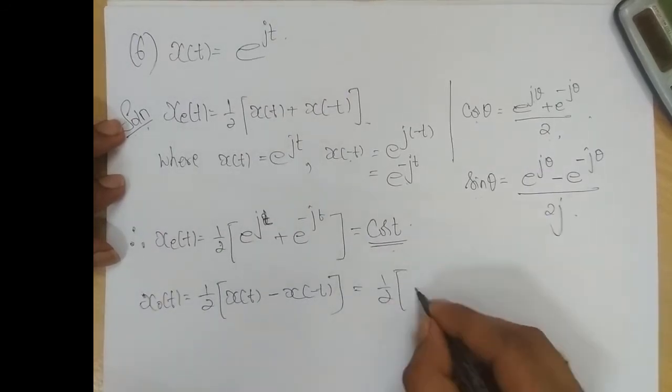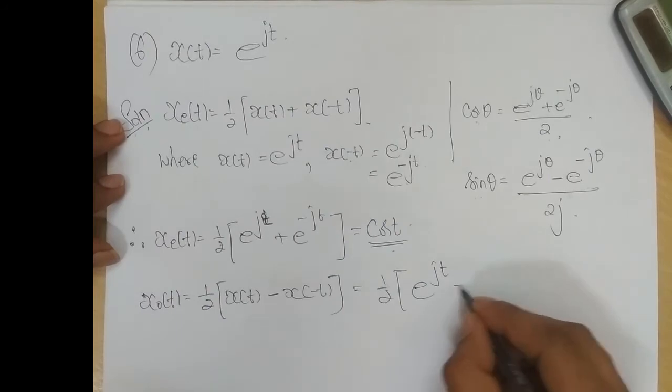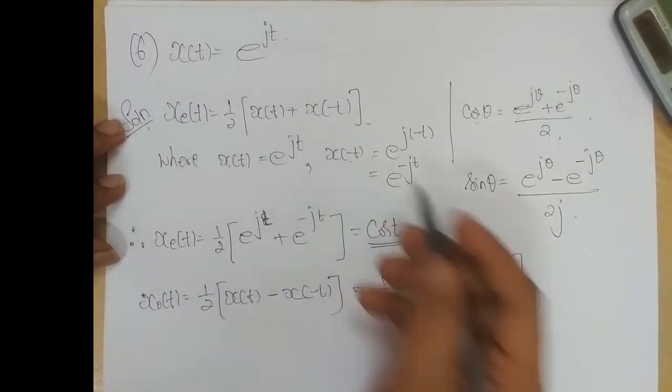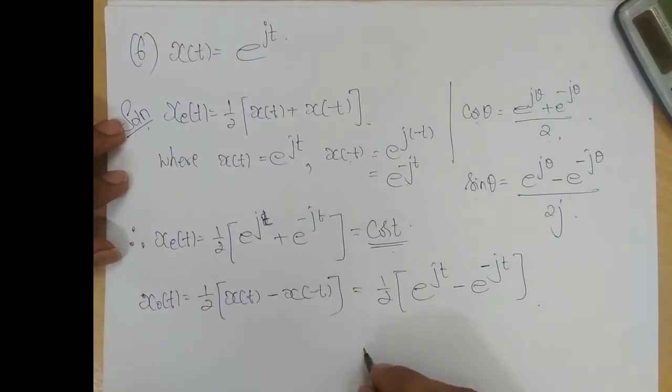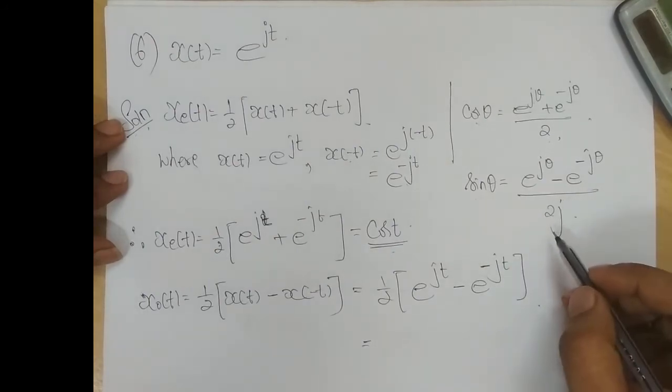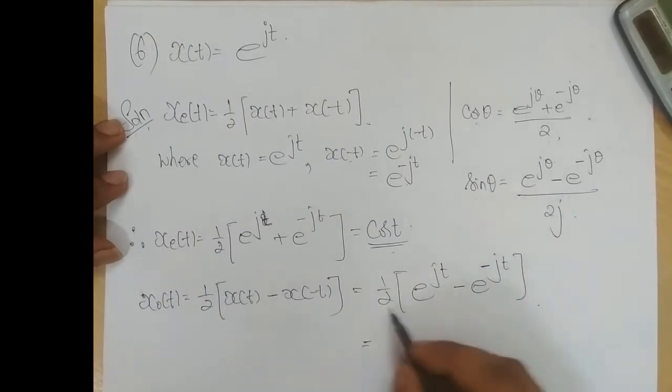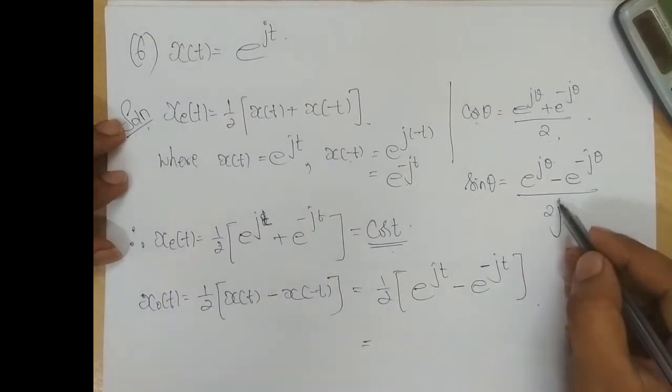And this is equal to 1 by 2 into e power j t minus e power minus j t, right? Because x of minus t is e power minus j t. So I can write this as, what I have is e power j theta minus e power minus j theta by 2j, okay, by 2. Only thing is this j is left.